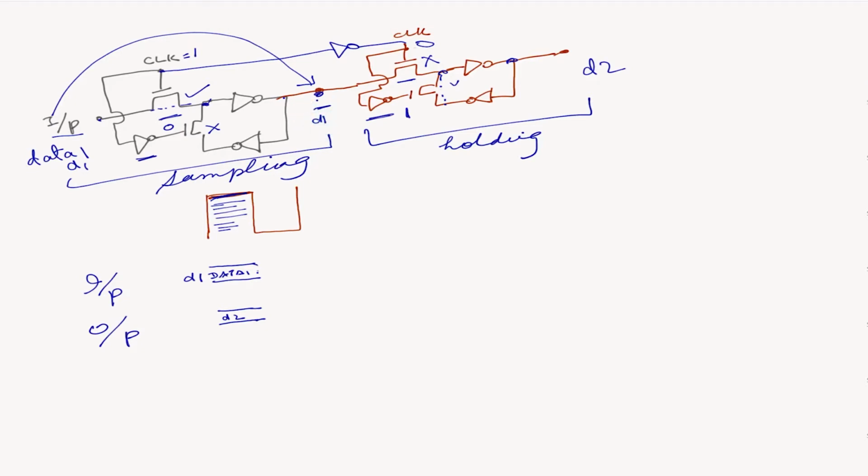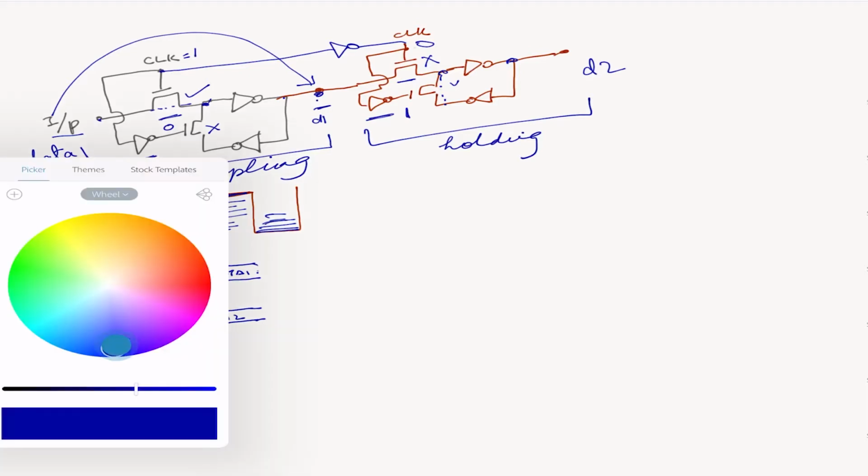As soon as the clock half cycle changes, we go into the second half and clock becomes 0. Sorry, there's too much stuff here.